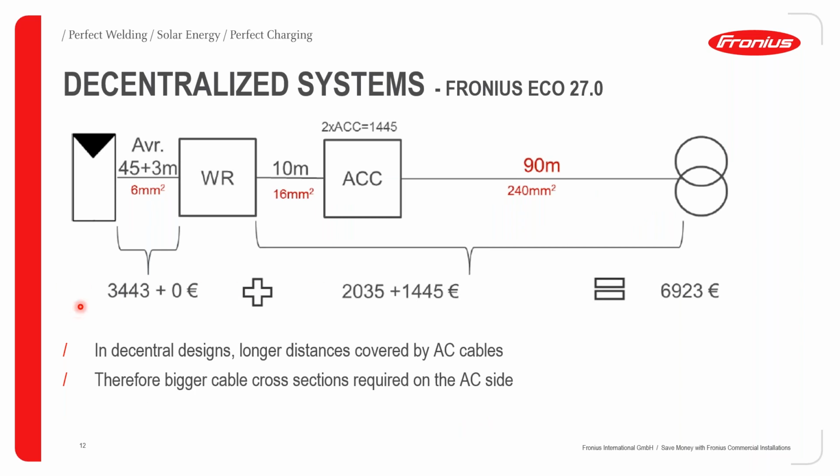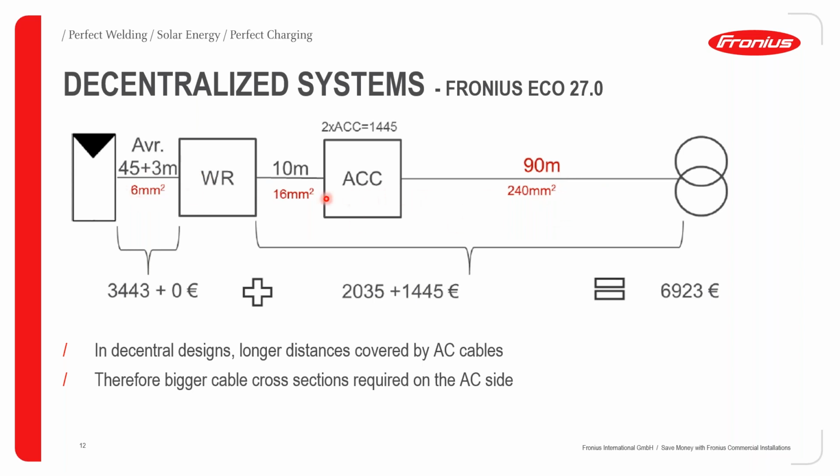So let's now look at a decentralized system setup. And this means the opposite. In our centralized setup, the DC cabling was running for a much longer distance than the AC cabling. But in a decentralized setup, the AC cabling is running a much longer distance than the DC side.